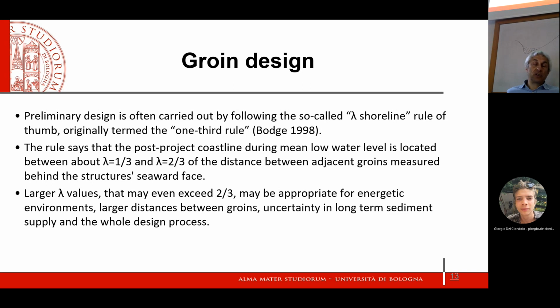Okay, and in particular if the environment is very energetic, and also if you have uncertainty in the whole design process, it's clear that uncertainty may lead to both damage and opportunity. I mean, if there is uncertainty in a design, it may happen that you underestimate the forcing, but you may also overestimate it.